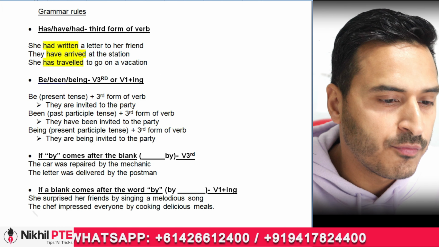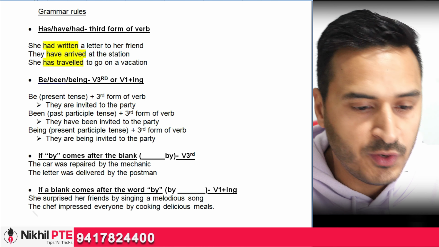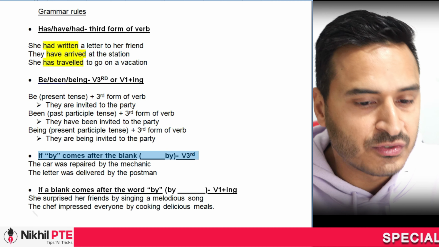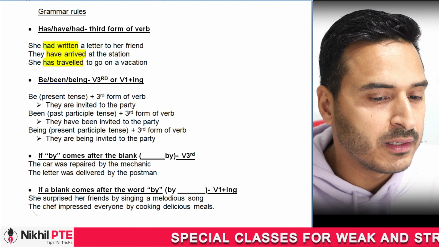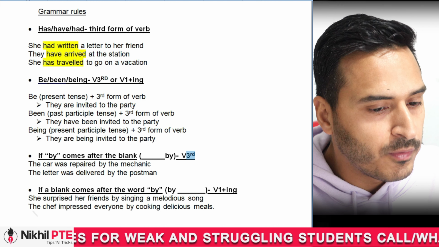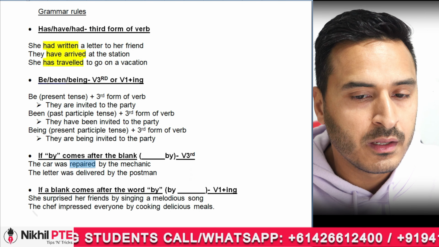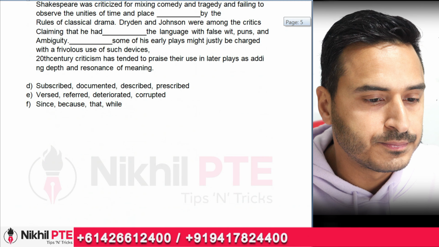These are 4 rules I explained in my previous video, but we have to apply them. If "by" comes after the blank, in the same situation, then the third form will come before the "by". So here the third form will come, just hold on.